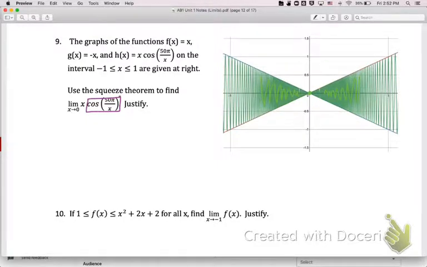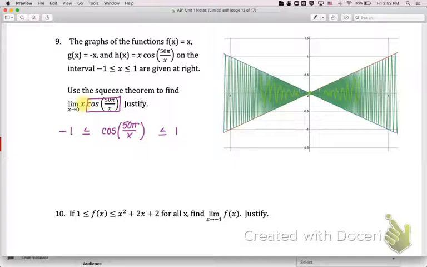Because of what I know about the range of cosine, I know that the following statement is definitely true: -1 has to be less than or equal to the cosine of 50 pi over x, and that must be less than or equal to +1, because cosine only goes from -1 to +1. So we know that for sure. But cosine of 50 pi over x is not exactly the function I'm trying to look at. I need that x in there also.